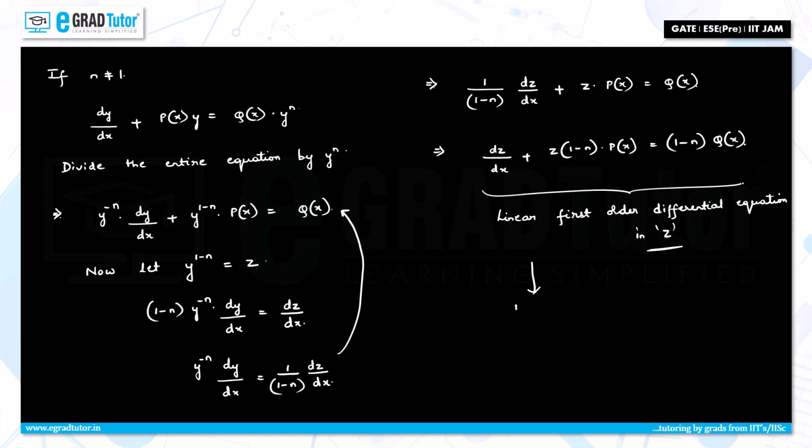You can find the integrating factor and write the general solution for z of x. Okay, and then substitute z is equal to y power 1 minus n to get the solution y of x.